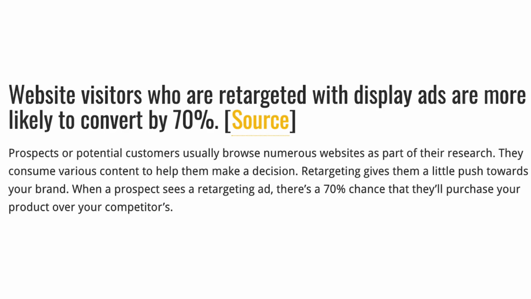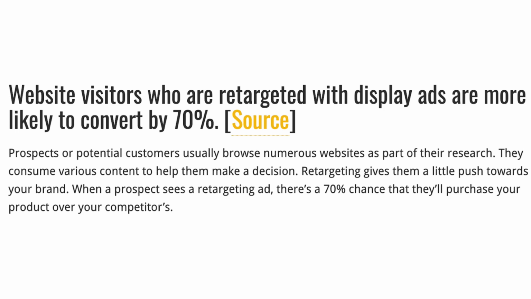Check out this quick case study. Website visitors who are retargeted with display ads are more likely to convert by 70%. And then this last bit is just crazy: when a prospect sees a retargeting ad, there's a 70% chance that they'll purchase your product over your competitors. 70% chance, guys. Remarketing and retargeting is an absolute no-brainer, and you guys got to start putting this into your marketing initiatives.